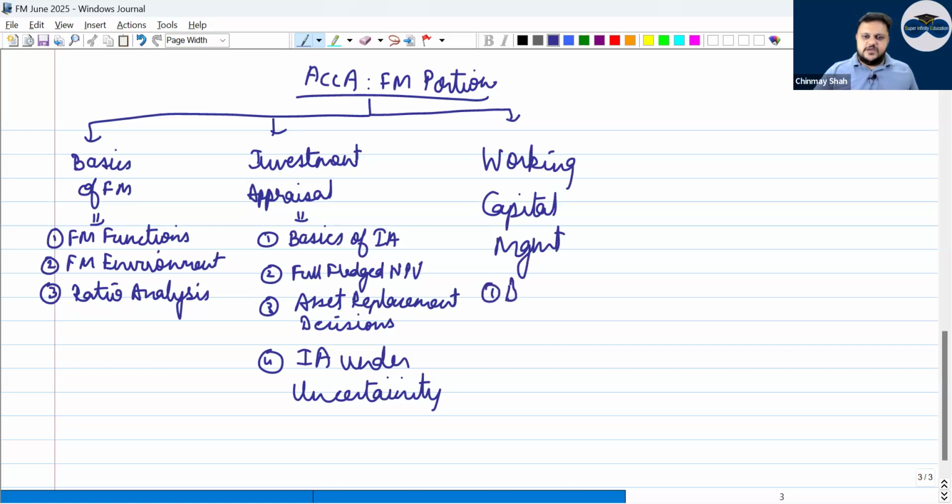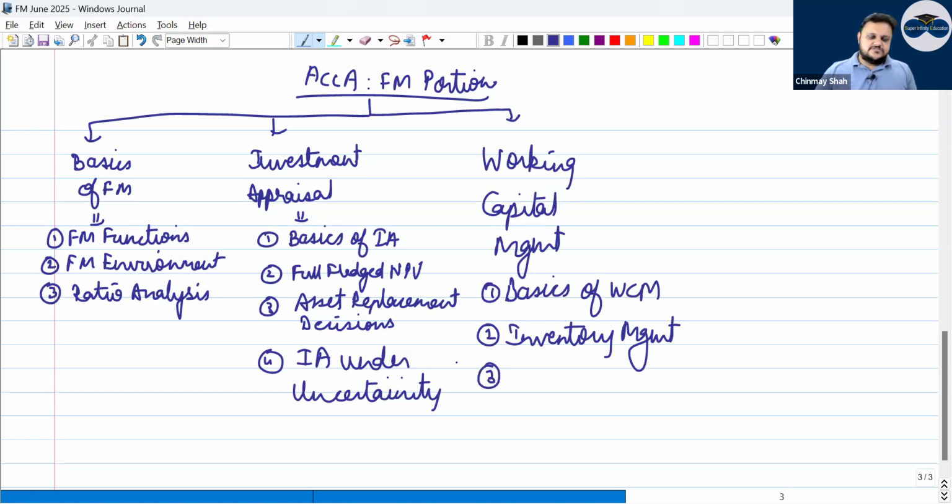First is basics of working capital management. WCM is working capital management, right? Second is inventory management. Correct.